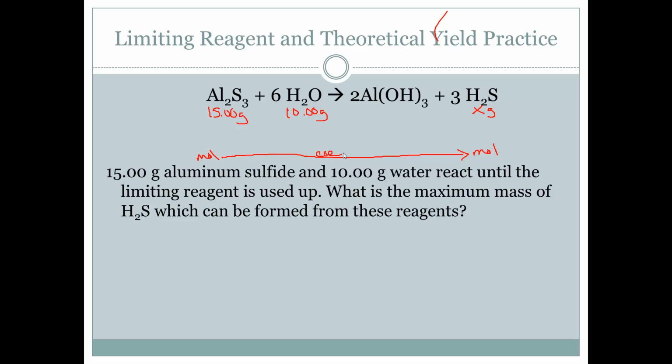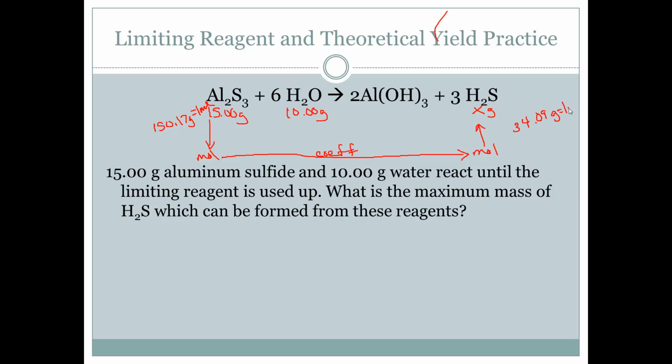Grams to moles, we use the molar mass. By looking at the periodic table, we find that the molar mass of Al2S3 is 150.17 grams is equal to 1 mole. And then H2S is 34.09 grams is equal to 1 mole.